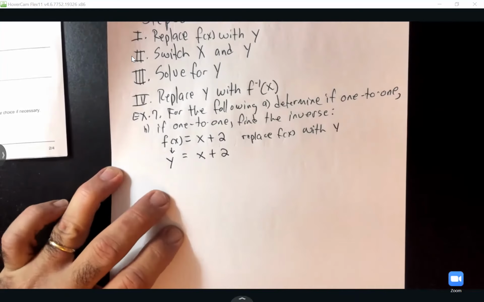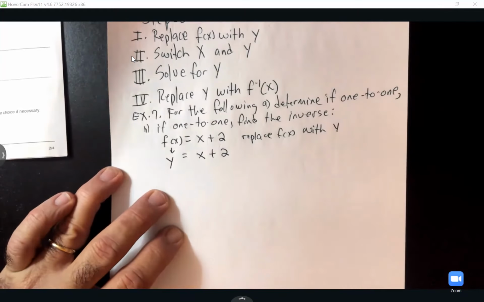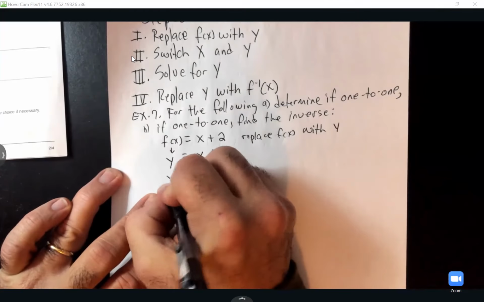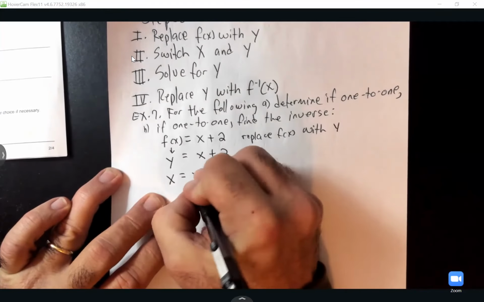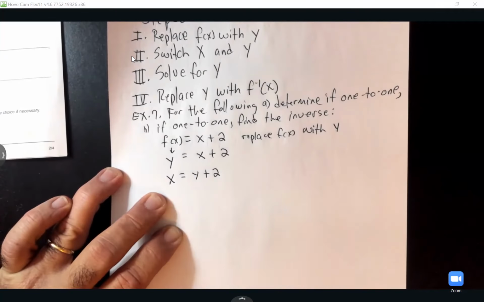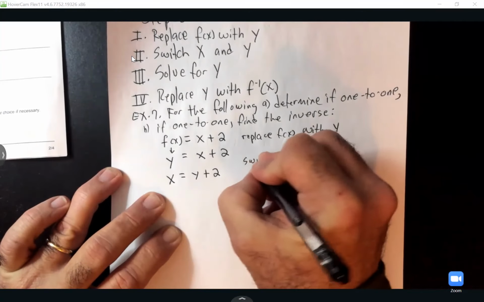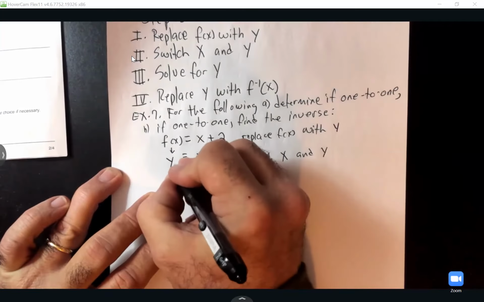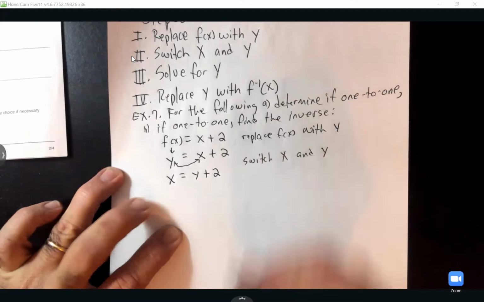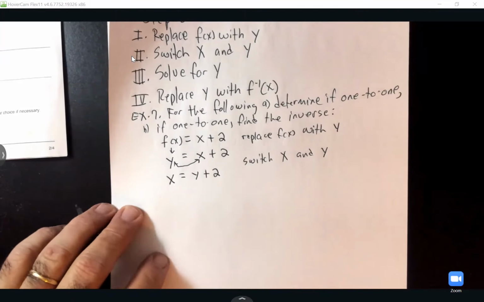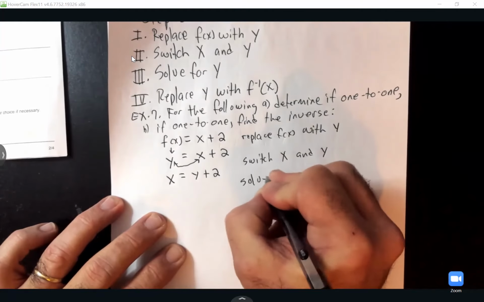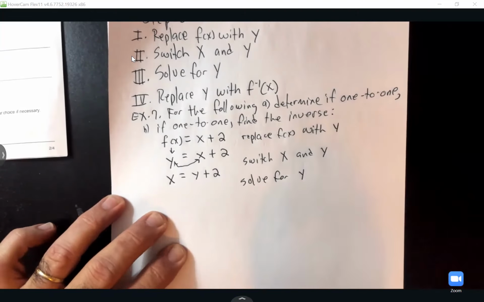Now, my second step, it says, hey, switch that x and y. So if I switch the x and y, I'll have x equals y plus 2. So there we switch x and y. All right, now I need us to solve for the y.